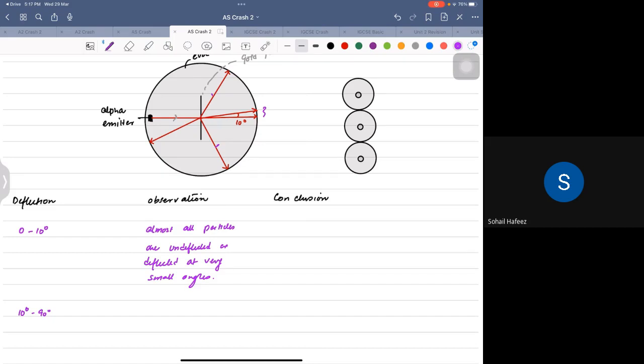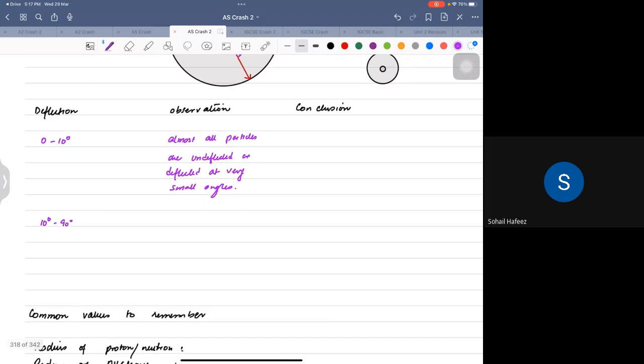So 10 degrees to 90 degrees: some particles are deflected at large angles. Out of 8,000, you might say two or three, which means there were very few which went out.